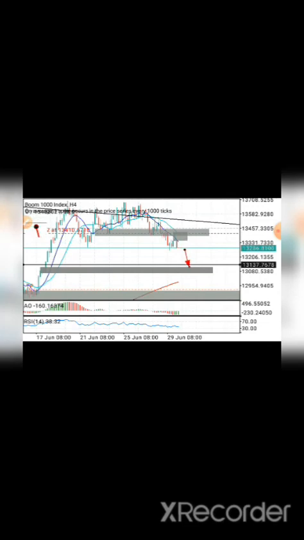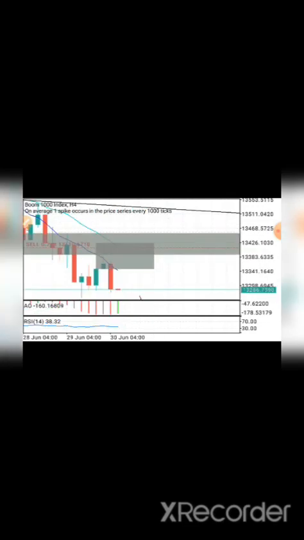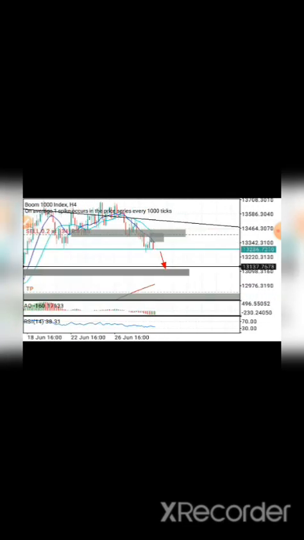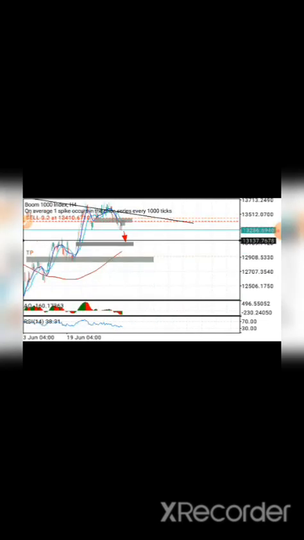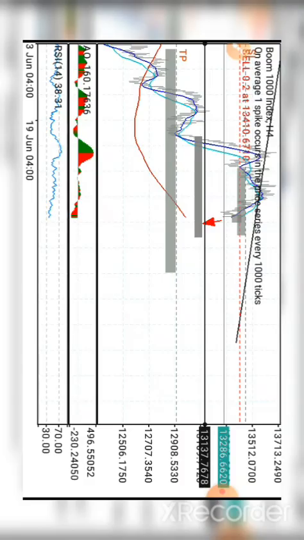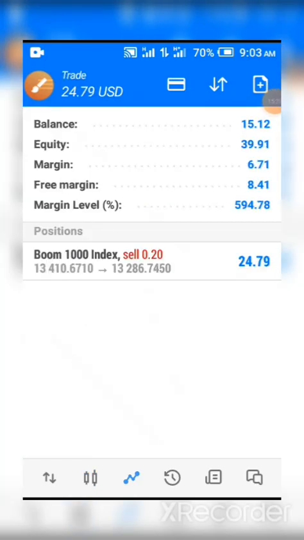That is what I'll be using to take my TP. That's all. This is a beautiful trade, allowing profits to run. So that's how I took this trade, and I'm running on profits.